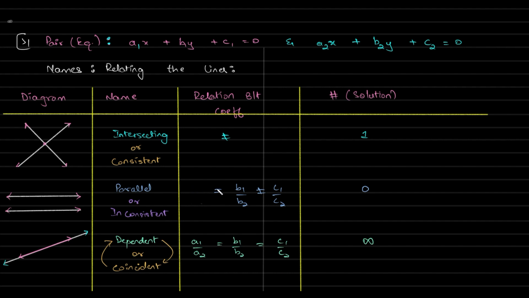If I ask you what is the condition for parallel or inconsistent, just tell it, or think in your mind, actually say it out loud. It always helps: equals to, not equals to. And if I ask what is the condition for dependent and coincident, equals to, equals to. Okay.